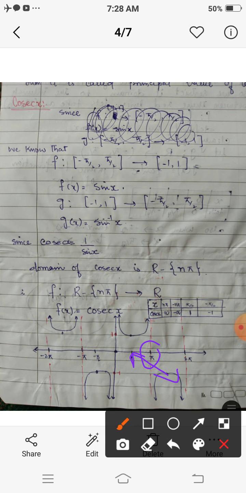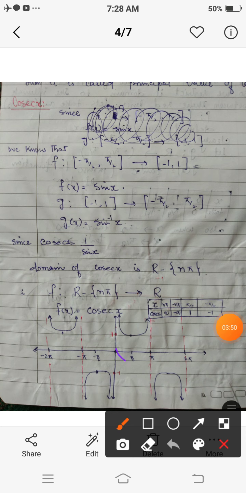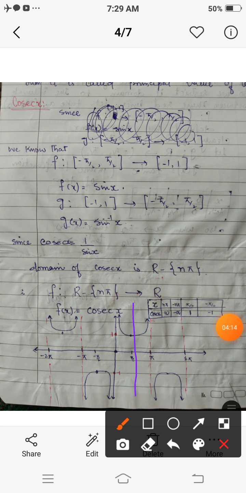But in the interval 0 to pi, if we consider this interval, it is still not a one-one function, because here is one point with its value like this. If we consider another point, it is different from this point, but its value is again the same as the given point, which implies that in this interval it is not one-one. So we have to consider this portion of the graph.